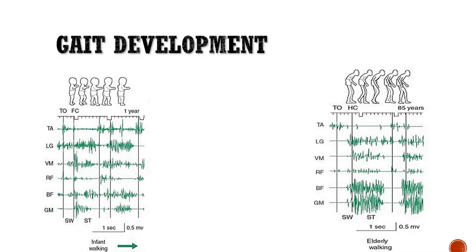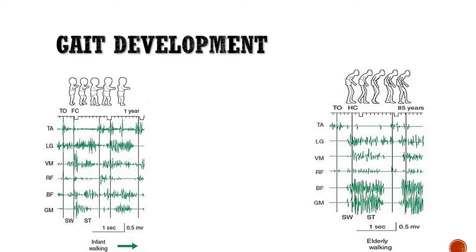Right, so gait development. This is, I think, a fascinating area of EMG analysis. So there have been studies done that have assessed muscle recruitment at more or less every age from 1 to 85 years and looked at the change in muscle activity as we walk.